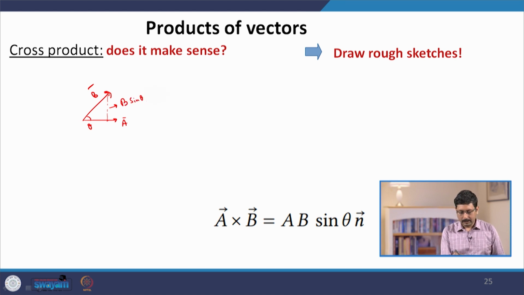That means that if I complete this parallelogram by drawing a parallel of the vector A and a parallel of the vector B, then A times B sin theta represents the area of this parallelogram.